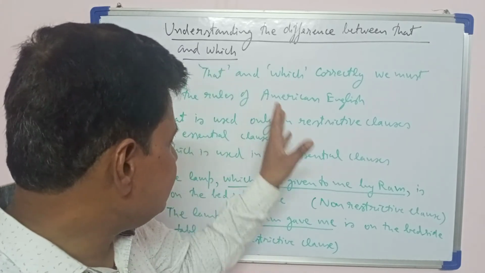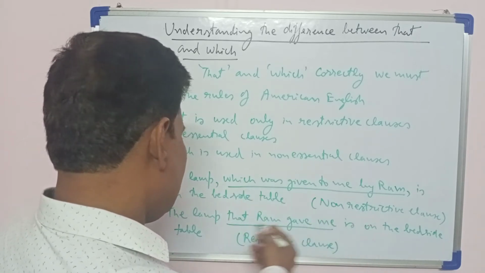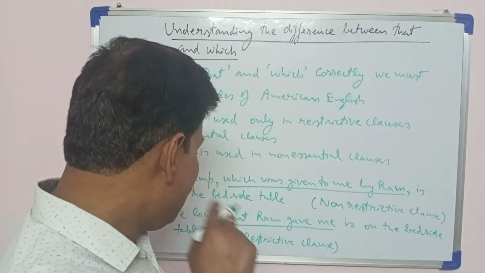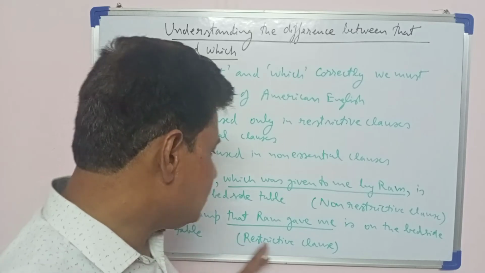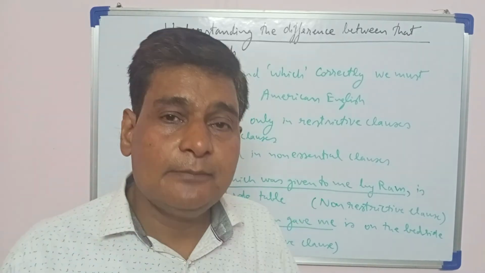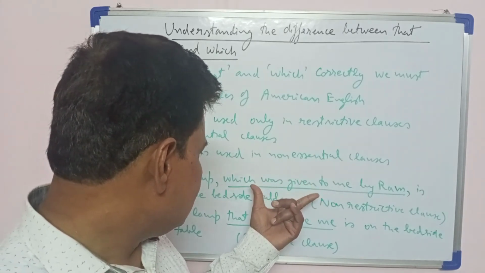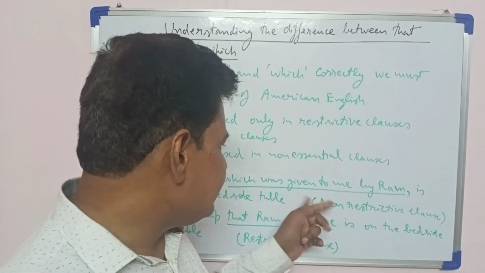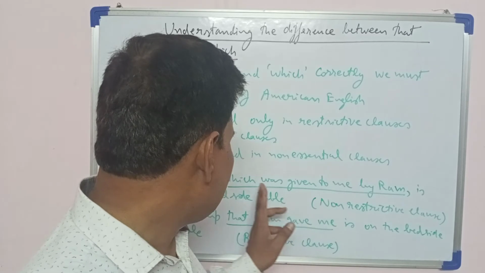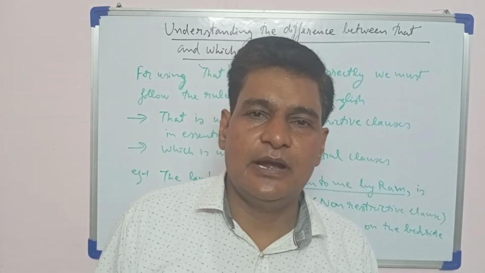Otherwise, if we have understood this rule that which will be used in non-restrictive clauses and in the restrictive clauses we will use that, or we can say that will not be preceded by any comma, or we can say the part that is separated by commas is the removable part and which is called non-restrictive, and which is always preceded by a comma, but that is not preceded by a comma.